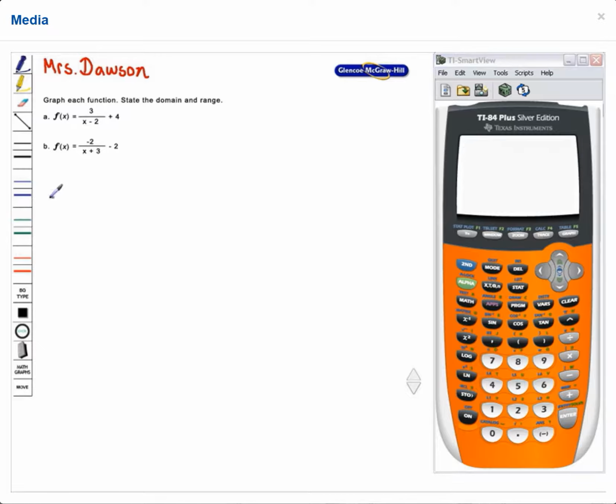Let's begin with A. The function is 3 divided by x minus 2 plus 4. In both of these examples, you'll notice that we have a pattern, and we'll be using some variables where the number in the numerator is a, and then we'll use x minus h as the denominator, plus k.